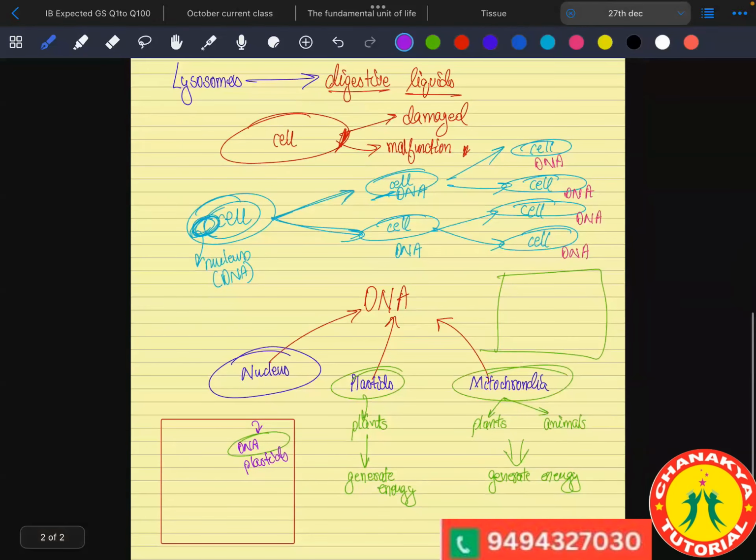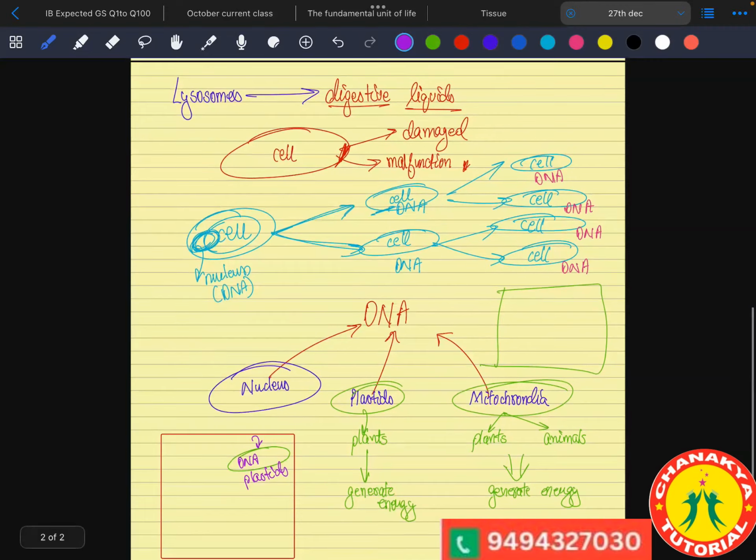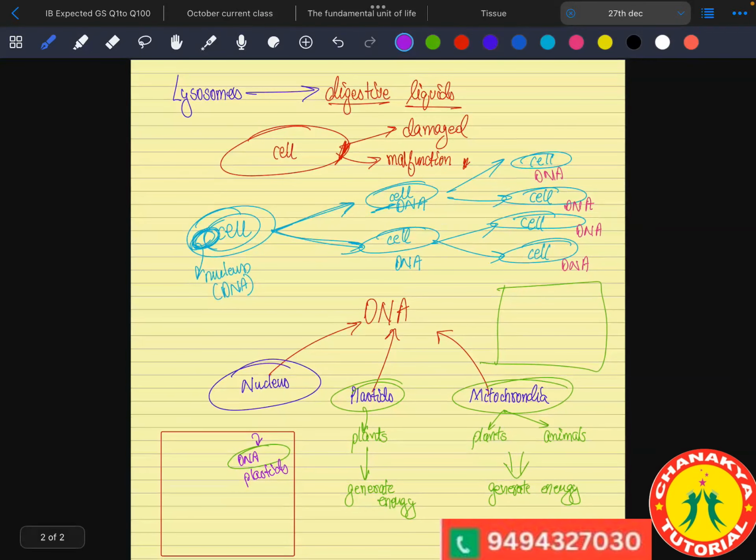Okay, got it. There are three locations inside the cell where DNA is made, not stored but made. Inside the nucleus also, inside plastids also, inside mitochondria also. These contain their own DNA. The DNA present in plastid and mitochondria is used by themselves only, so that they do not have to depend on anything else.